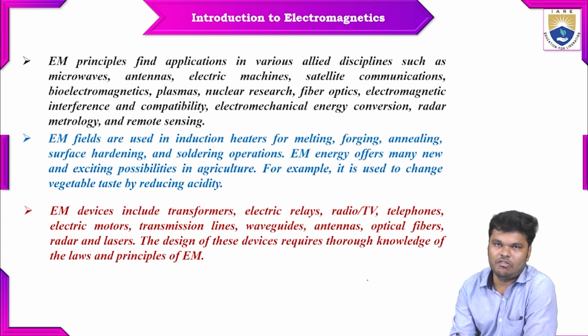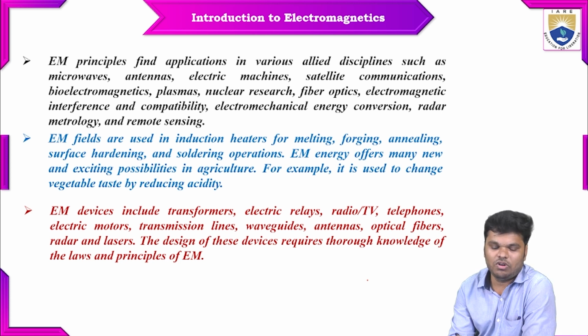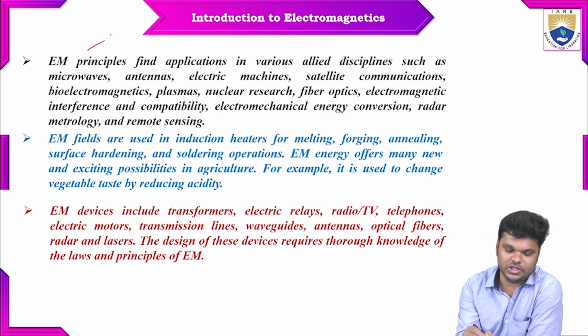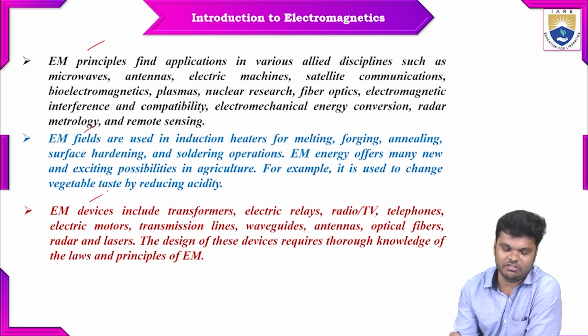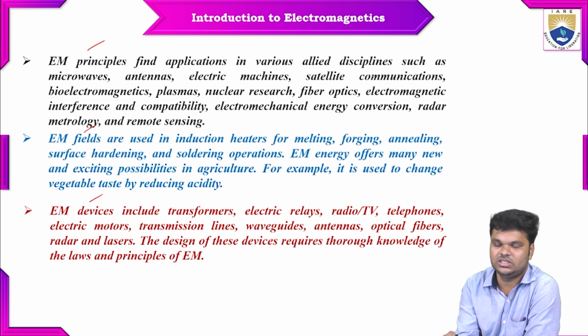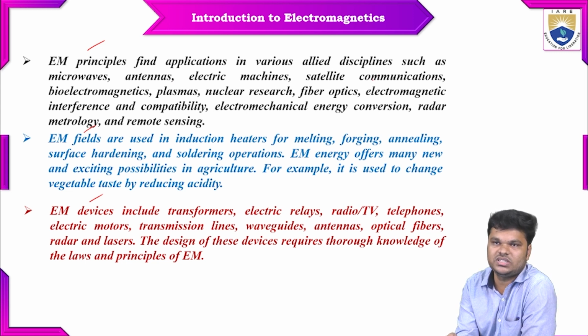After knowing the importance of this course, one should know the applications of this course as well. Electromagnetic principles, electromagnetic fields, and electromagnetic devices all have applications. These principles find applications in various disciplines such as microwaves, antennas, electric machines, satellite communications, bioelectromagnetics, plasmas, nuclear research, fiber optics, electromagnetic interference and compatibility, electromechanical energy conversion, radar meteorology, and remote sensing.